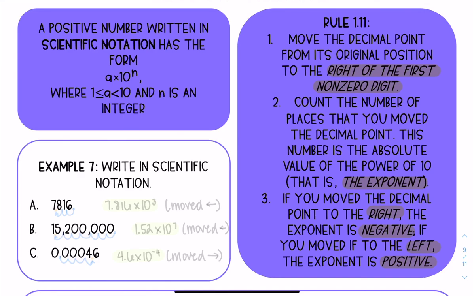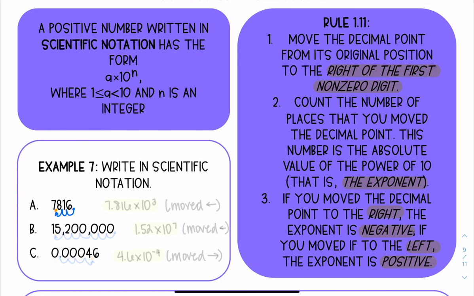We have 7,816. So if you don't see a decimal point written, it's because it's at the end of the number. The goal is to put it between the 7 and 8. It's to the right of the first non-zero digit. So starting with our original, this one in blue, we need to move it to the orange spot. So we're going to move it 1, 2, 3 spots.